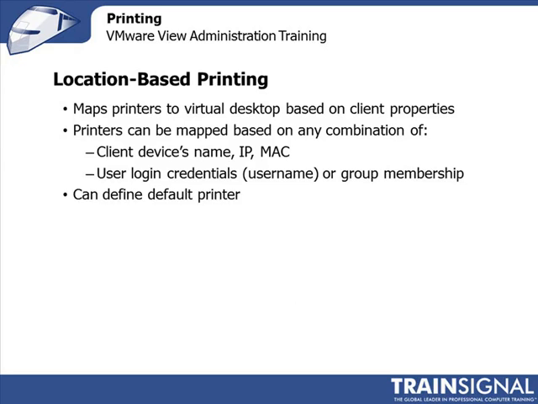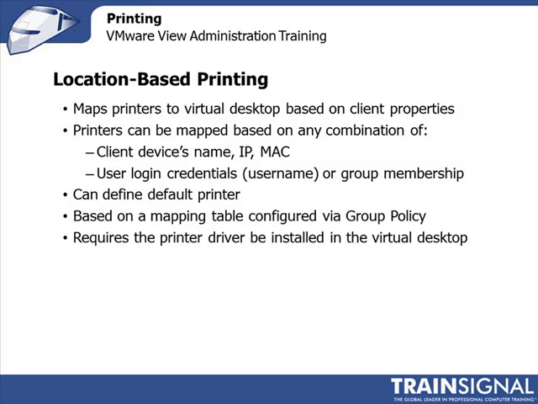As part of the setup, you can define which of the printers will be used as the default. All the configuration of location-based printing occurs through group policy within your Active Directory environment. And which printers are used are based on a mapping table that you configure within your GPO. We'll get into this mapping in a little bit more detail in the next couple slides.